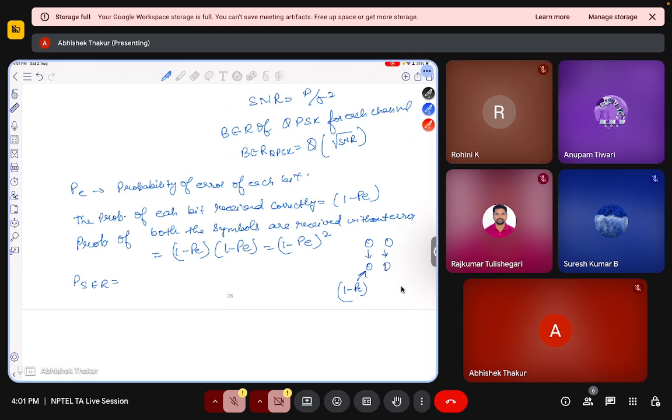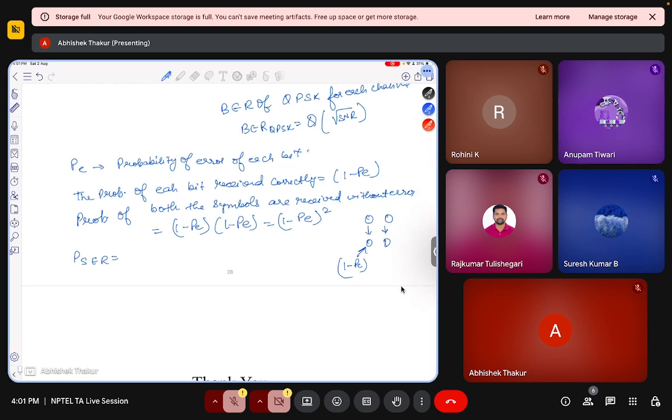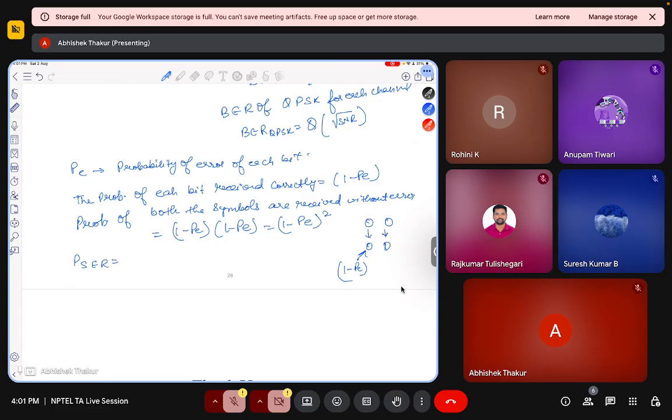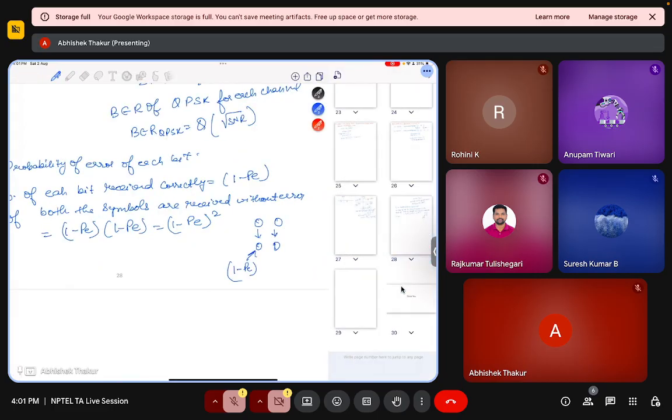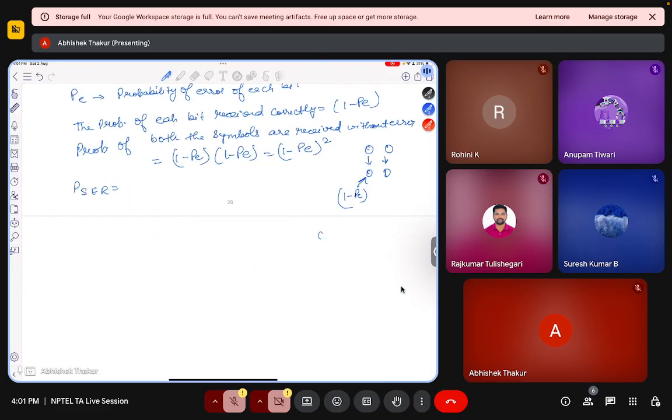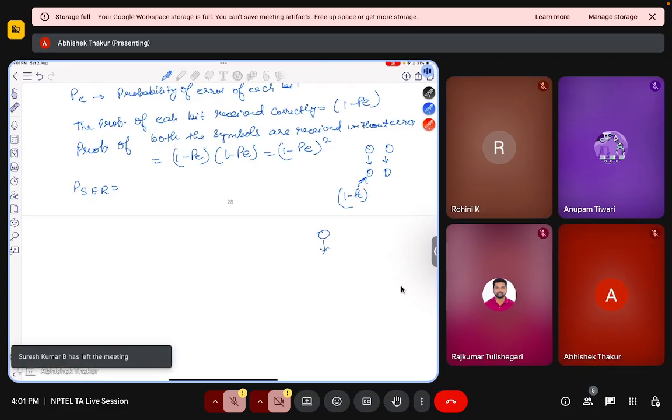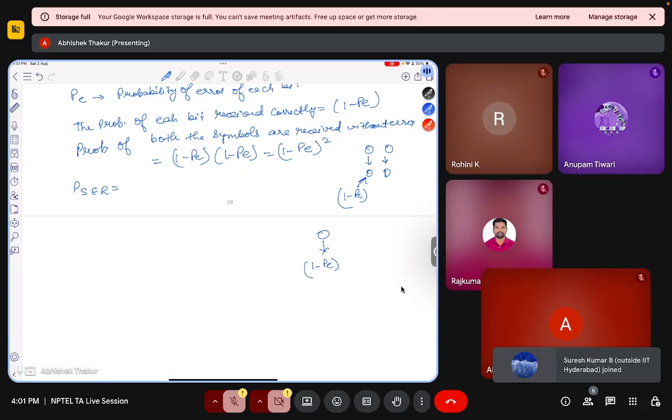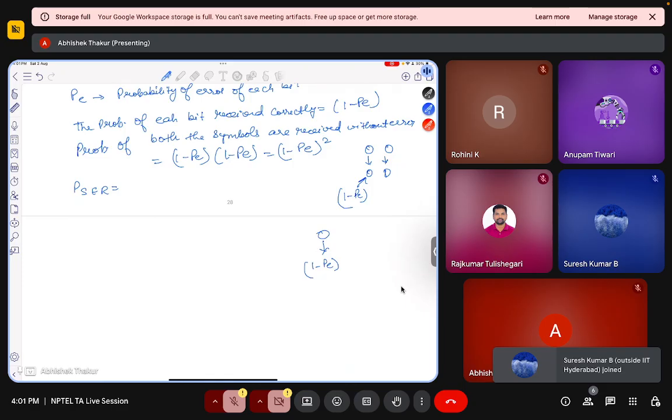Listen, what is happening? Let's suppose there is only one bit. What will be the probability to receive that one bit correctly? It is 1 minus PE, because PE is the error. So to receive it correctly, it will be 1 minus PE. Let's suppose there is one more bit. To receive it correctly, we need again 1 minus PE.